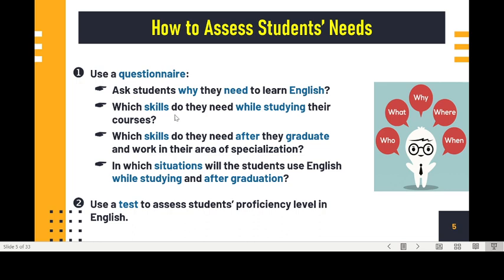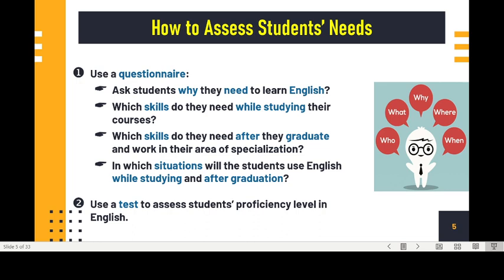We also ask them which skills they need to acquire while studying their courses and which skills they need to use after they graduate and work in their area of specialization in the job market. And in which situations the students will use English while studying and after graduation.